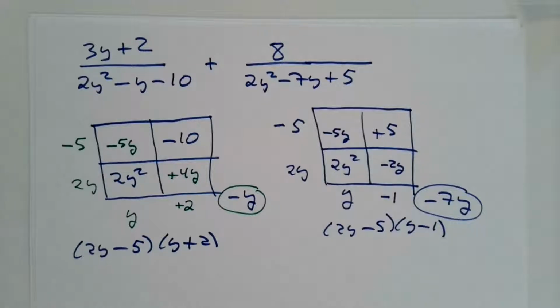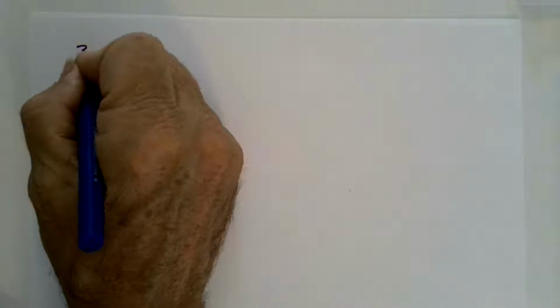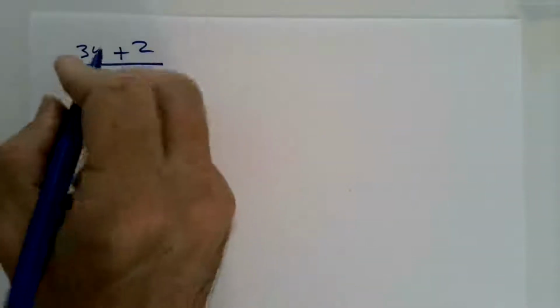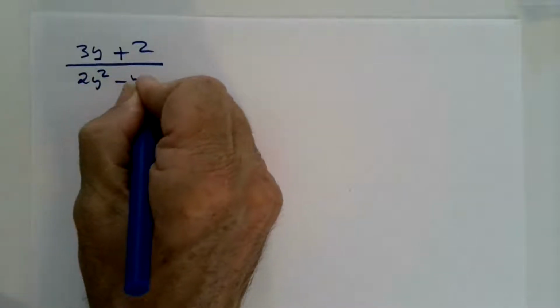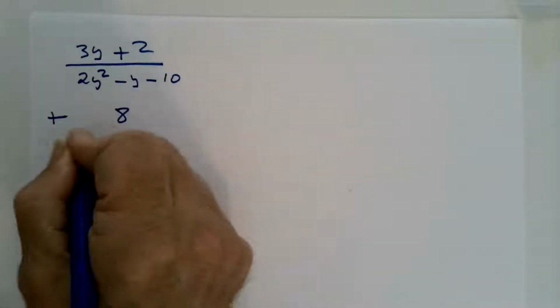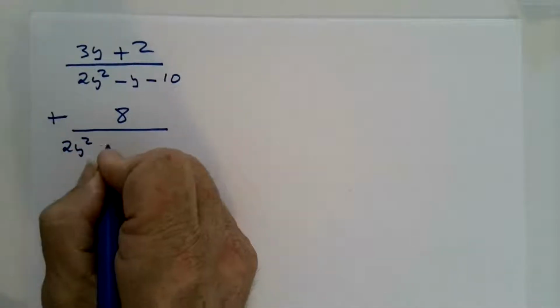Now I can go ahead and add those two algebraic fractions. Writing it vertically, my preferred way to write adding algebraic fractions: 3y plus 2 over 2y squared minus y minus 10, plus 8 over 2y squared minus 7y plus 5.